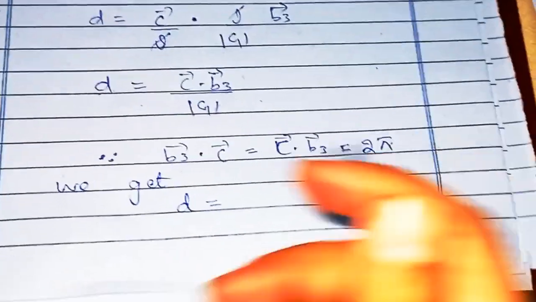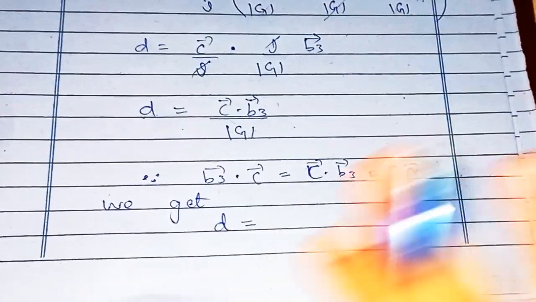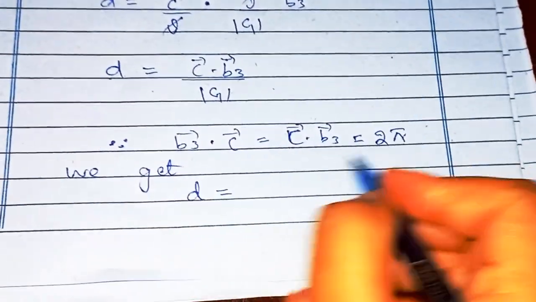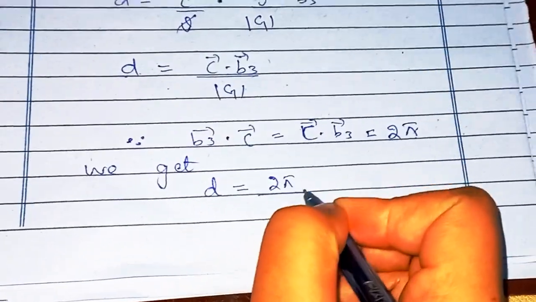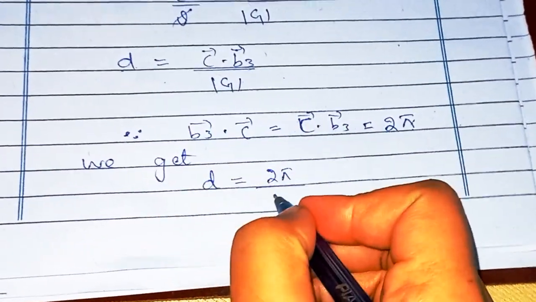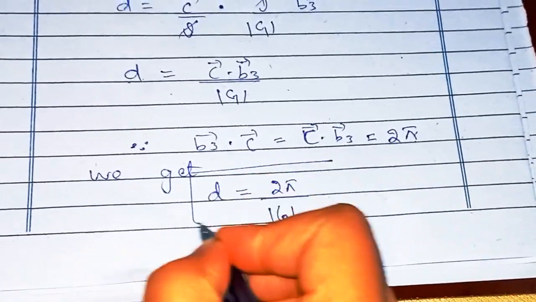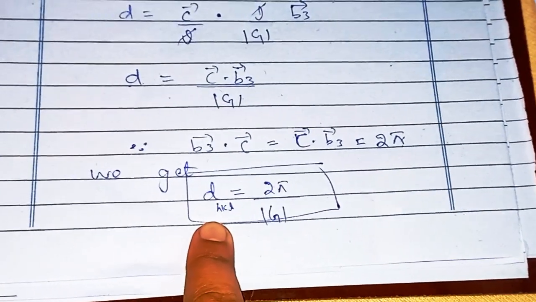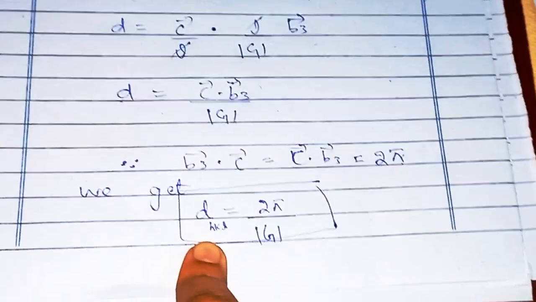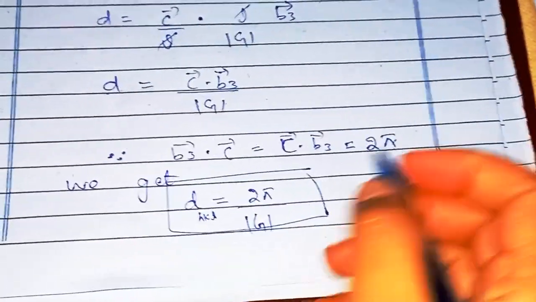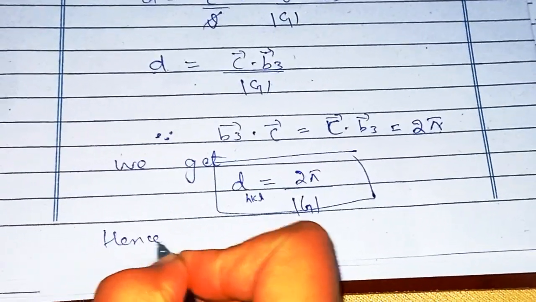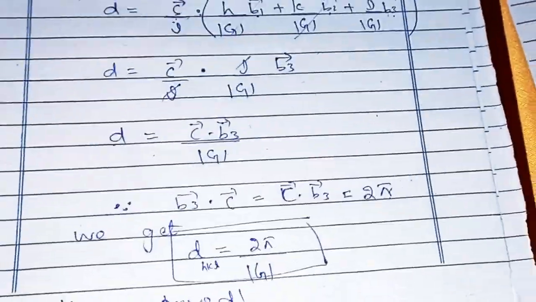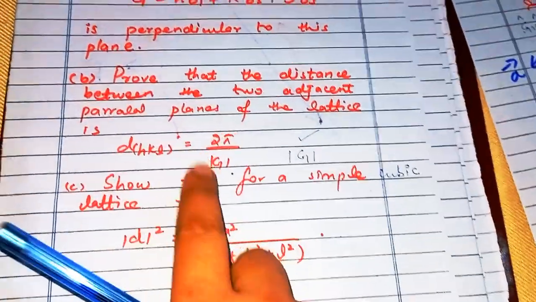So we'll get a particular value, but that is not the point of this video. D equals C dot B3, which is 2 pi, so 2 pi by magnitude of G, which will be written the same way. You can write HKL in subscript because the plane that we considered was HKL in general, and hence we can see, hence proved. All right, that is what we wanted to prove in the first place, and we have proved it.